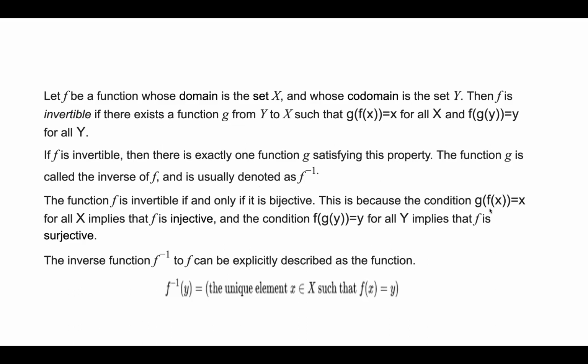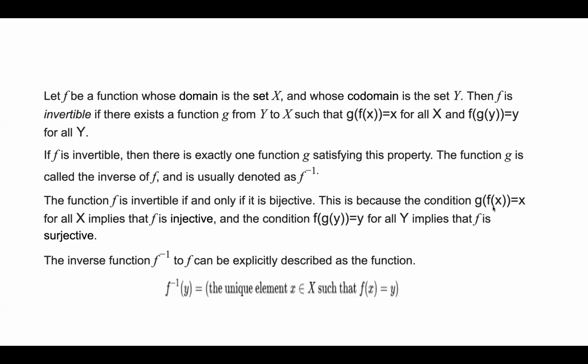This is because the condition g of f of x is equal to x for all x implies that f is injective, and the condition f of g of y is equal to y for all y implies that f is surjective. Injective means one-to-one, and surjective means onto.